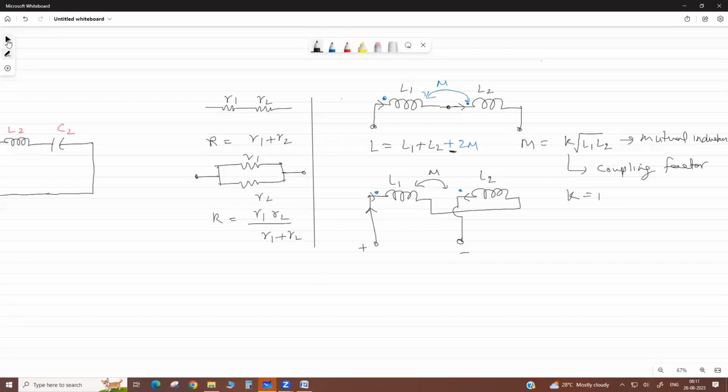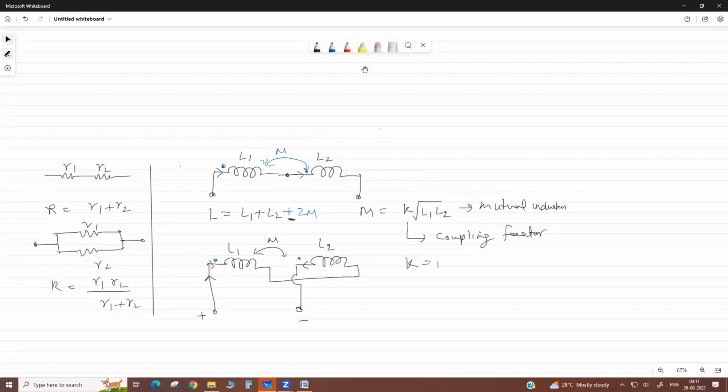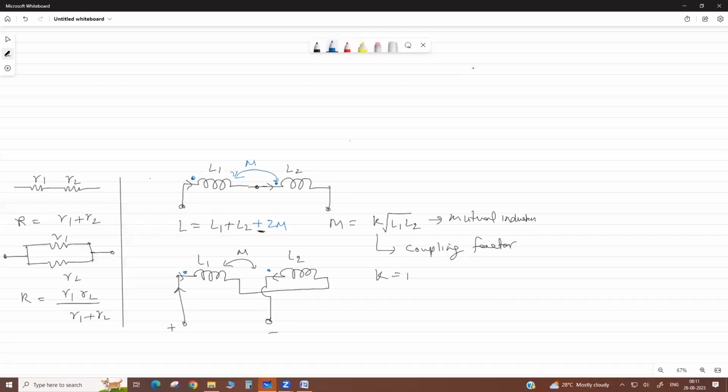That's why in transformers and motors, in a 3-phase winding, there are 3 coils. When we make a delta or star, there may be a dot. That's why their terminals are marked U1, V1, W1, and U2, V2, W2.